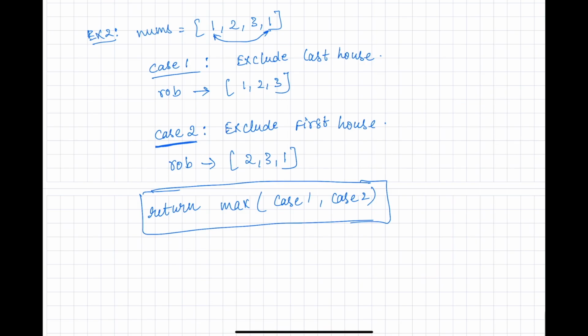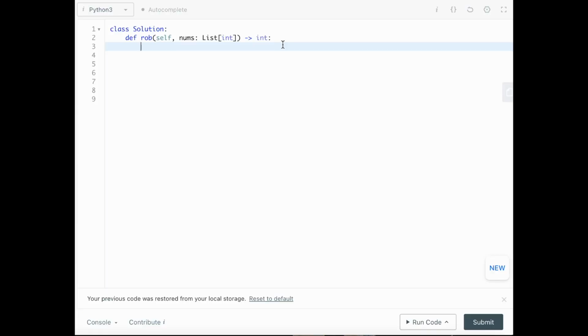So let's quickly code this up. Let's solve for the corner cases first. If length of nums is less than or equal to 3, then we are going to return max of nums. Then we are going to consider two dynamic programming arrays to solve case 1 and case 2.